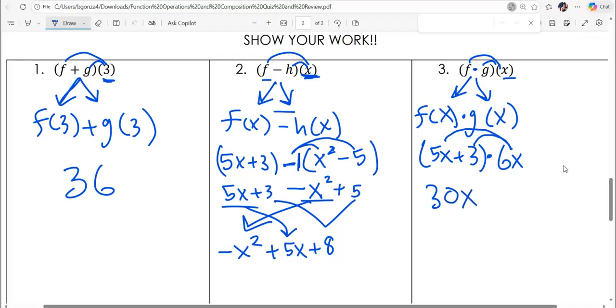If you have two x's, you got to put an x with a little 2. x squared. And then what's 6 times 3? 18, and there's 1x. That's it. Yeah, because you can't do anything else.